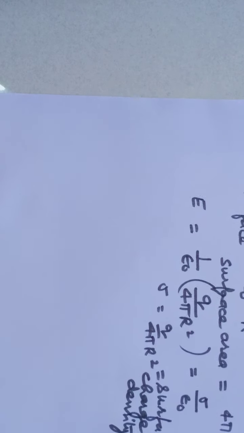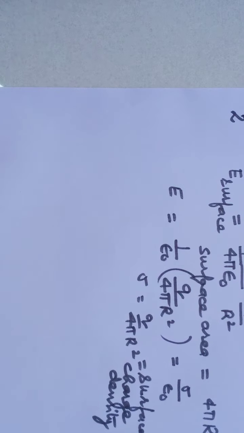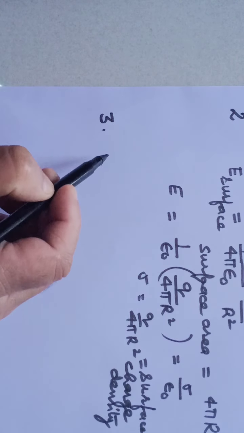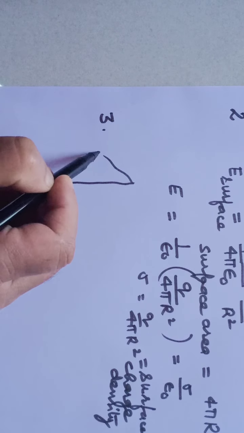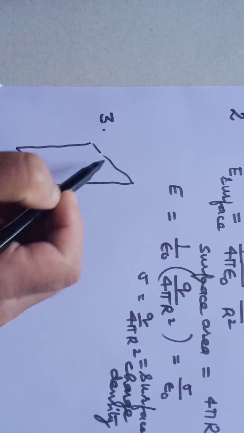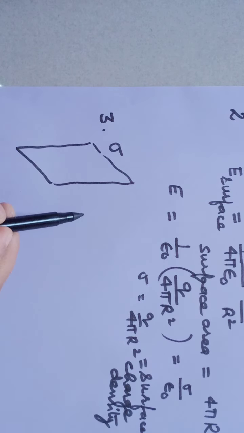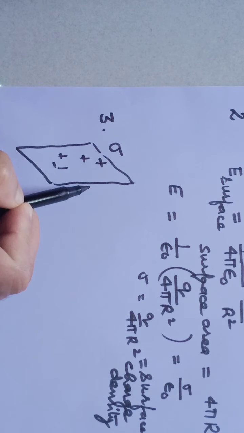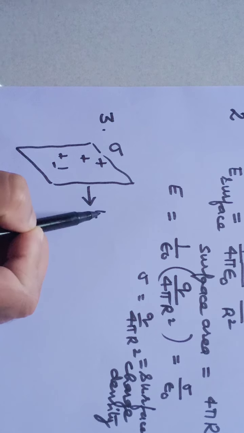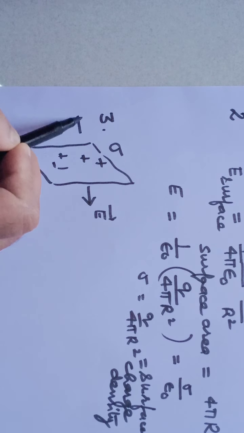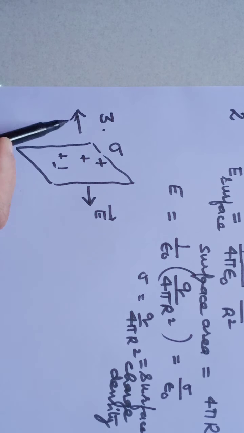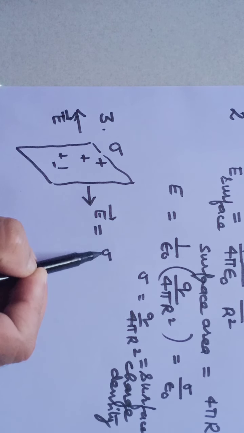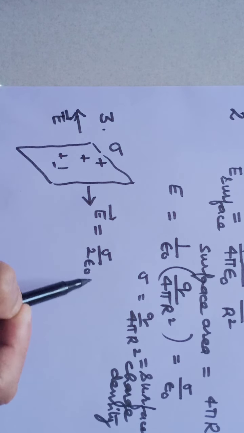Again, let us take another conductor. We have learnt one more conductor, that is an infinite sheet having charge density sigma. If it is having plus charge, electric field is away from this sheet, and its value comes out to be sigma upon 2 epsilon naught.